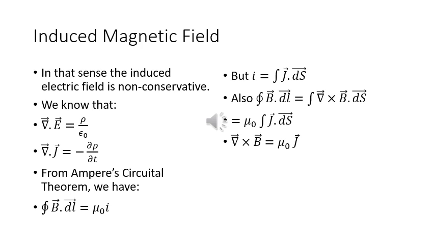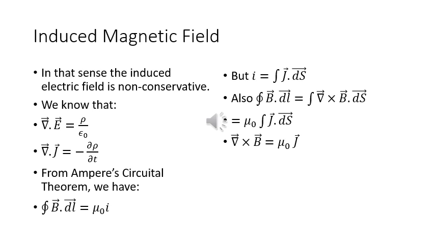As a changing magnetic field can set up an electric field, it does seem symmetrical and logical that a changing electric field should be able to set up an induced magnetic field, and let us see how.